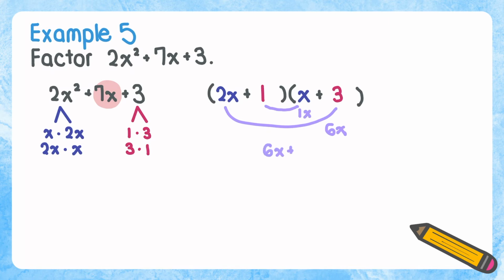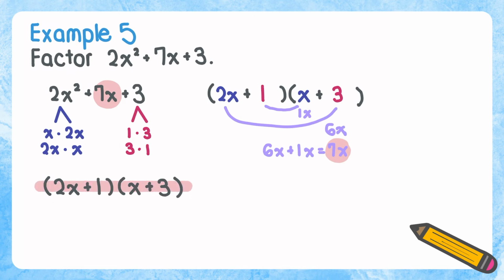And then we combine like terms. So 6x plus 1x equals 7x. And that is what we're going for, the 7x in the middle. So we know that this is the correct combination. So let me rewrite it. 2x plus 1 times x plus 3. So we factored it out.